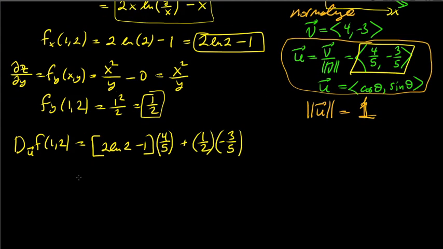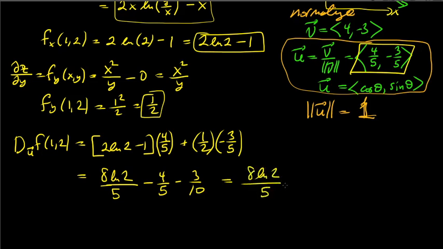And that's it. I think we can simplify this a little. What do we get? We get 8 log 2 over 5, right, minus 4/5, and then minus 3/10. So 8 log 2 over 5, and then minus 8 minus 3, minus 11 over 10.